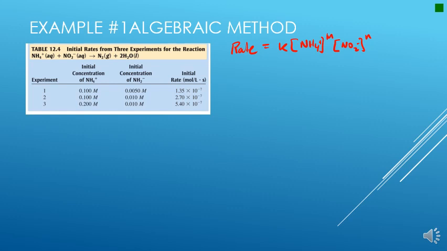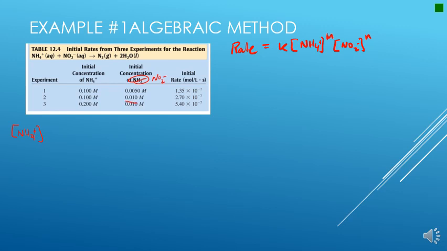So I'm going to start off looking at figuring out the concentration's power for NH4 plus, the ammonium ion. So to do this, what I want to look at is finding 2 of the 3 reactions where the NH4 plus will have a different concentration, while the NO2 minus concentration will be held constant.